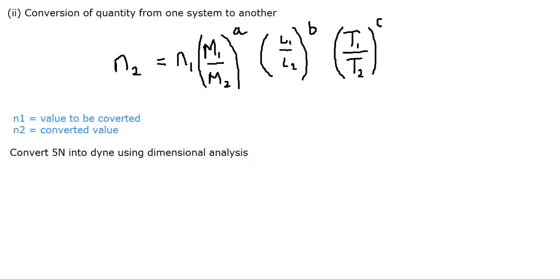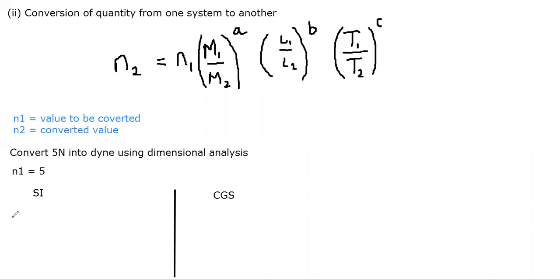So the value of N1 is the value to be converted, that is 5. N2 you have to find out. Now what is M1, L1, T1? See, I am converting SI into CGS system. So I will write SI here and CGS here. I want to go from SI to CGS.